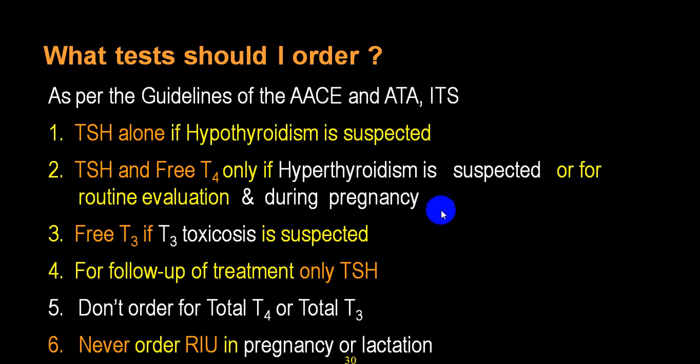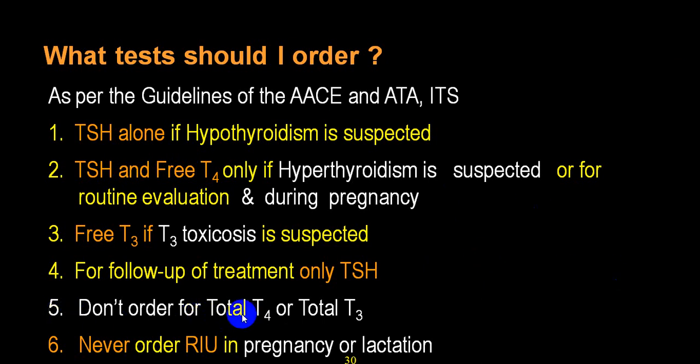But it is sometimes helpful to identify a good number of conditions like sick euthyroid syndrome, acute thyroid illness, also in case of what we call the subclinical variety, hypo or hyper, etc. So it is useful.